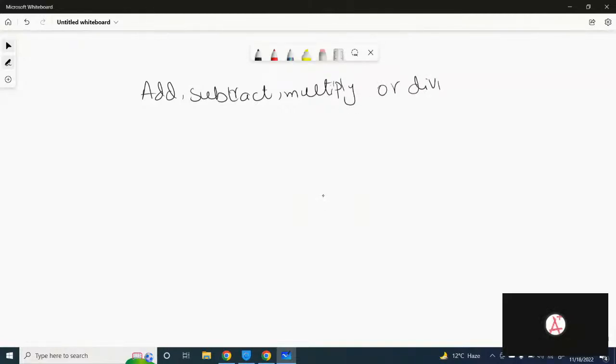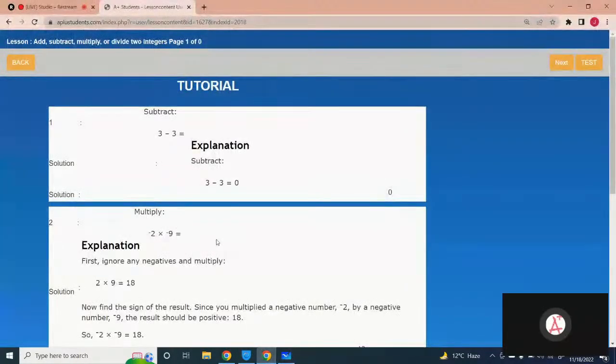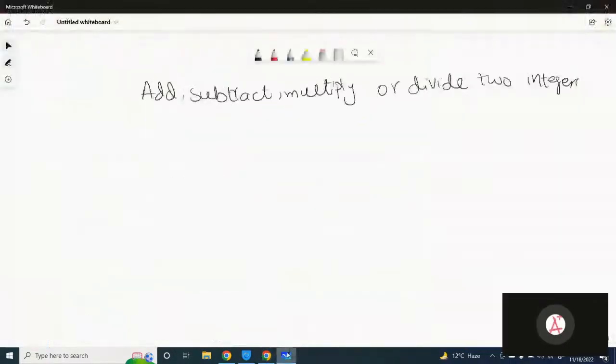Okay, let's start with the practice questions. The first one is -2 times -9. Both the numbers are negative integers. You have to memorize some rules. When you are multiplying, let me write them down on the board. Please note them down. They are very important and related to integers.